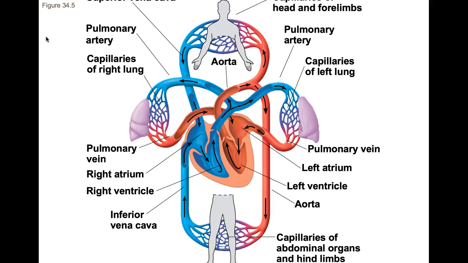There are two vena cavas because the blood had been separated from our head, forearms, versus our abdomen and limbs. So the superior vena cava is what receives the blood from the upper part of our body, and the inferior vena cava vein receives that oxygen poor blood from the bottom part of our body.